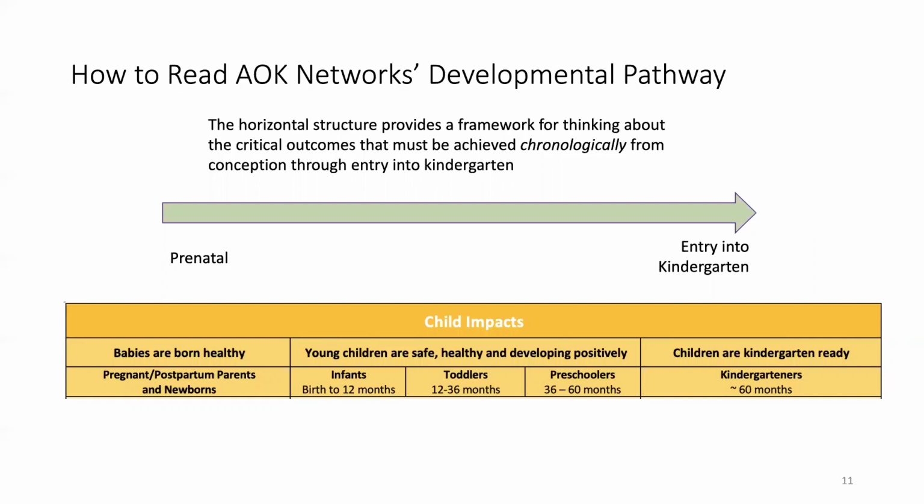So what happens with expecting moms before birth, all the way through what's happening with those newborns, infants, toddlers, preschoolers, and then eventually kindergartners. And so this provides a chronological look at the outcomes from conception through entry into kindergarten.